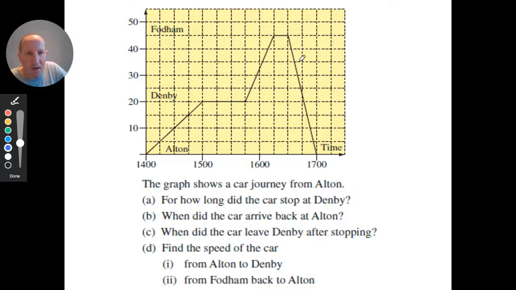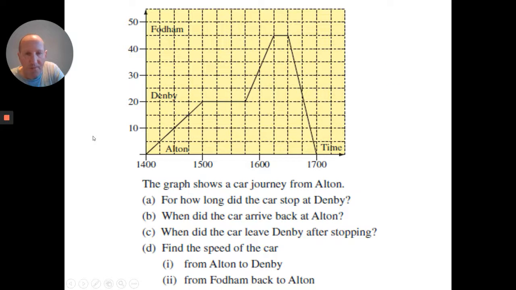If you're doing a high level of science and looking at velocity, then that would actually count. For this one, we're just looking at the change in y, which is 45, divided by the change in x, which is half an hour, or 0.5. So 45 divided by a half gives me 90 kilometers per hour.